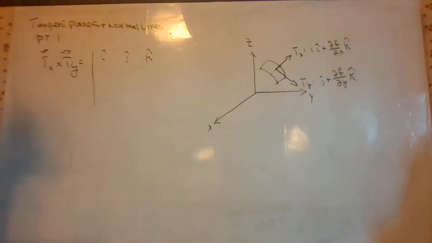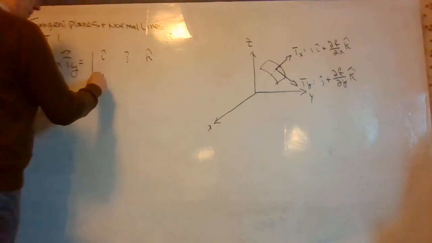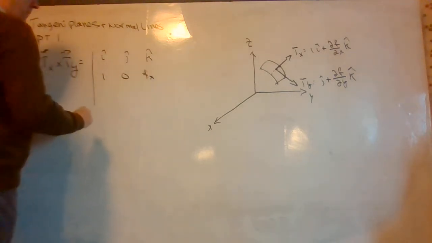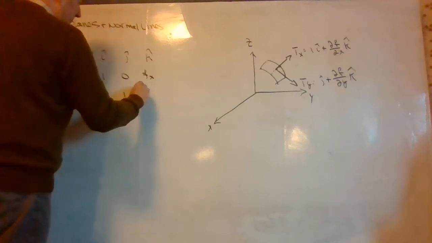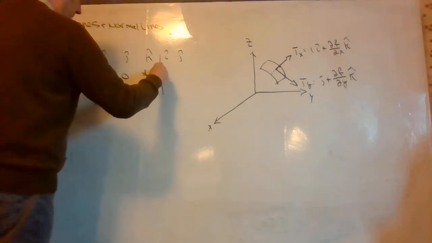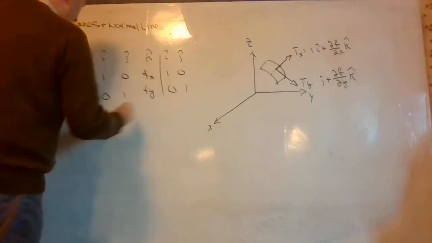These are vectors, and we get i, j, k. You can cross it in either order, it doesn't really matter. We have 1, 0, and we'll call this f sub x. Then 0, 1, f sub y.